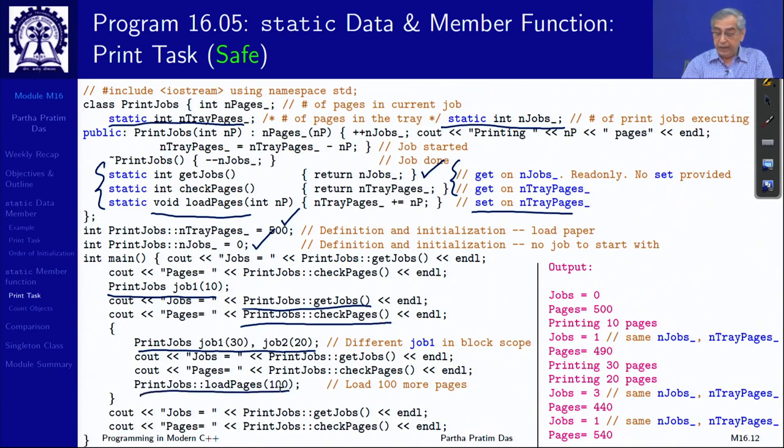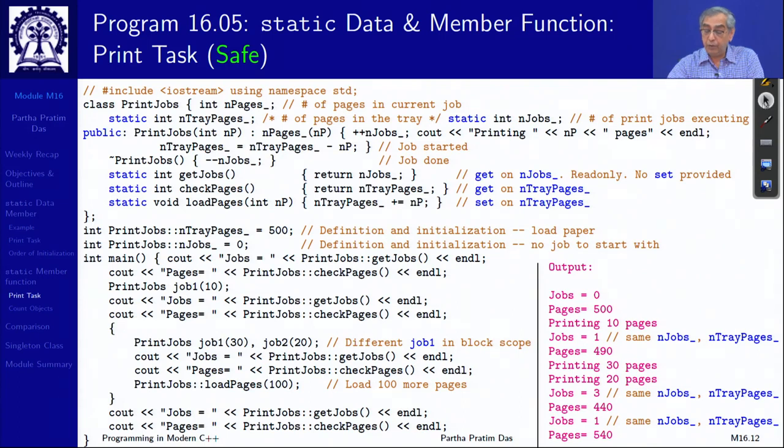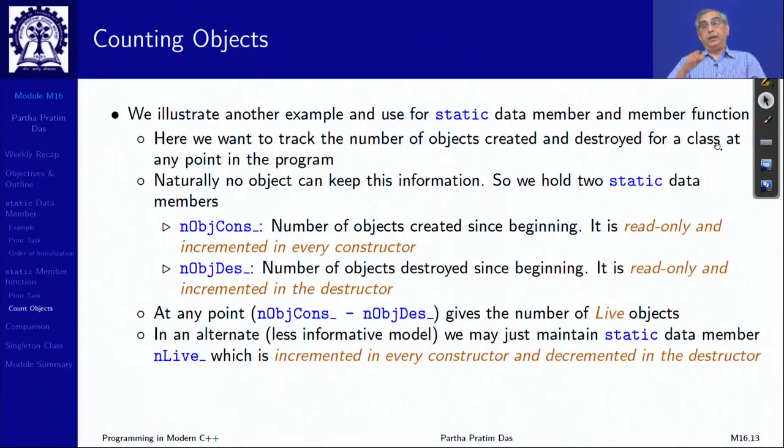Similarly, for loading the behavior will remain the same, but now you have the safety of being encapsulated in terms of your actual static data member values. Right. So, this gives you a very nice model to work with, where any object-specific information can be kept at this level.